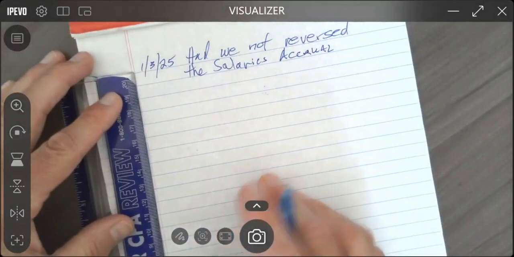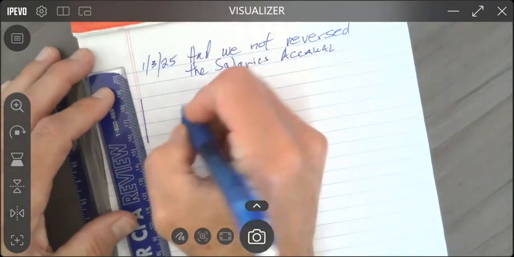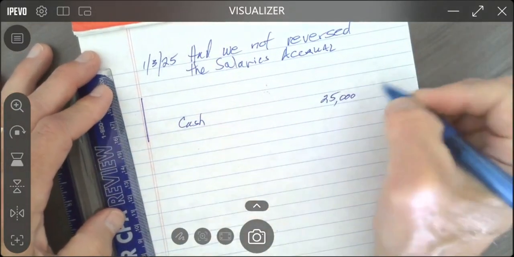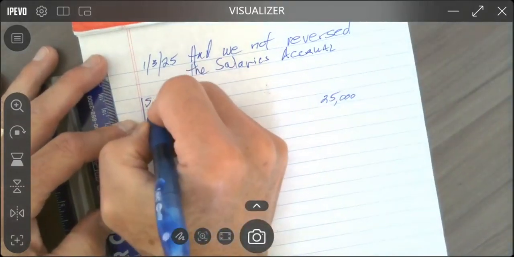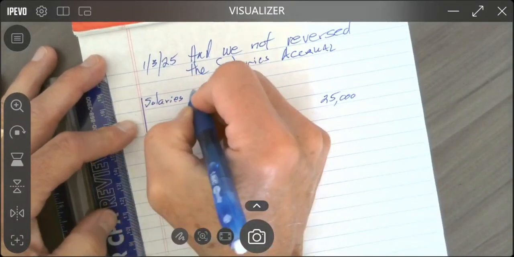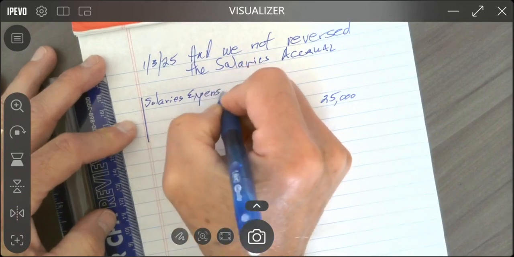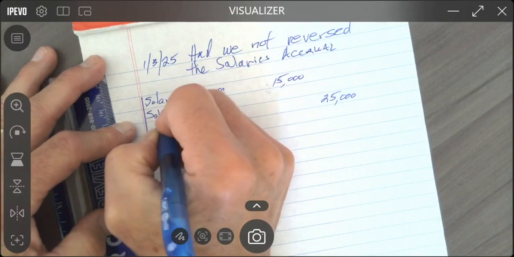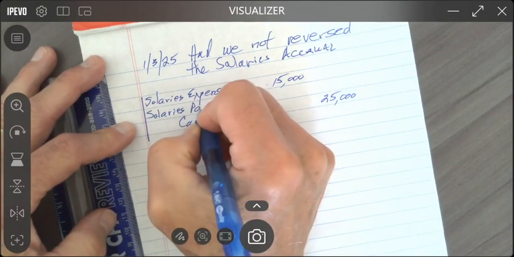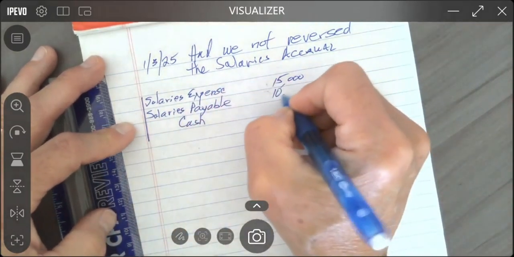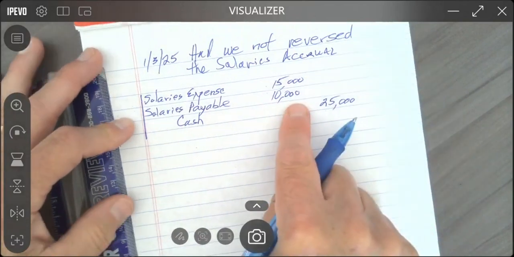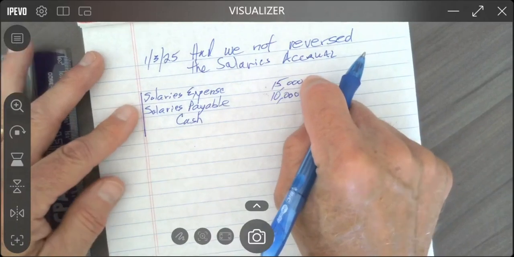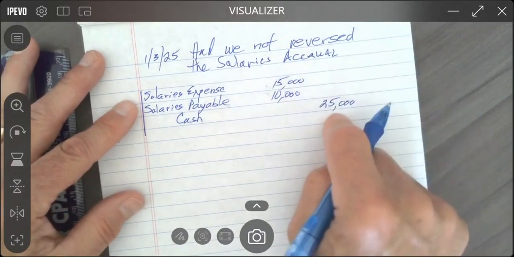We would have certainly credited cash for $25,000 because we're writing a check. We would have debited salaries expense for $15,000, and we would have debited salaries payable for $10,000. This would have zeroed out the payable that we set up and didn't reverse. This is the expense for Wednesday, Thursday, and Friday, and there's the cash.